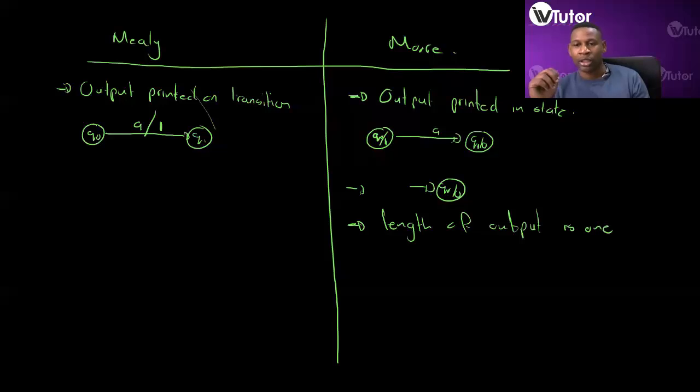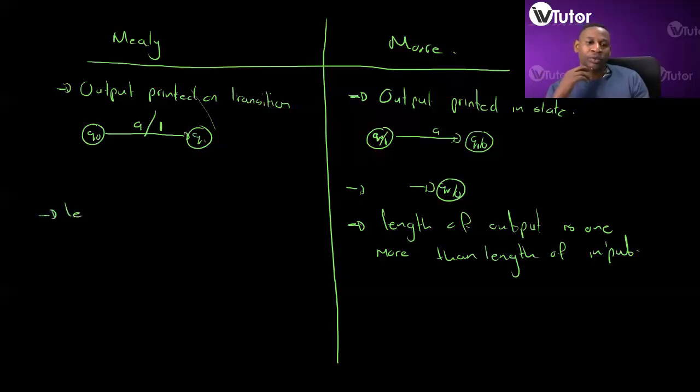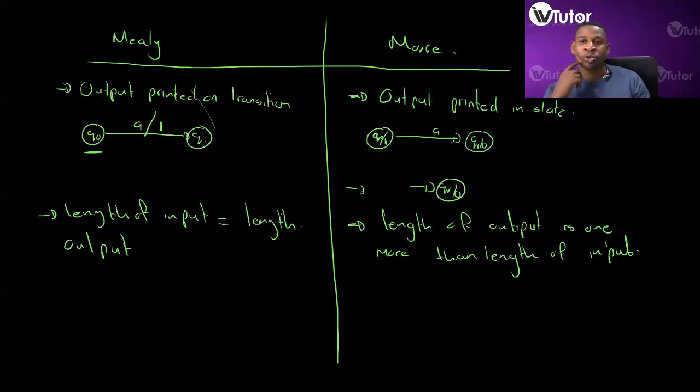For a Mealy machine, the length of input equals the length of output, because you can start on Q0 without an output, and when you first have an input, which is your A, you can then print an output of 1. Those are the two major differences between a Mealy machine and a Moore machine.